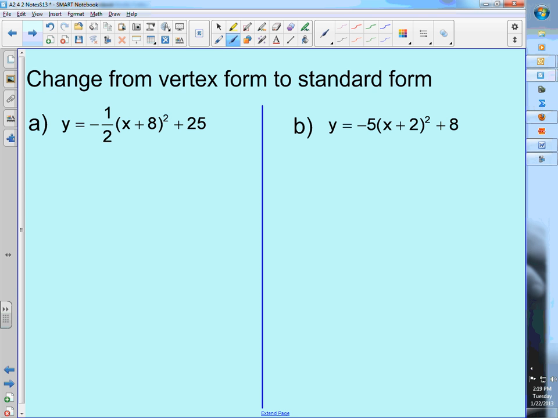Square the first. That's x squared. Multiply the 2 together in the binomial. Right here, that's 8x, and double it. That's 16x. And then square the last term. Plus 64. Plus 25. Now distribute the 1/2, the parentheses.